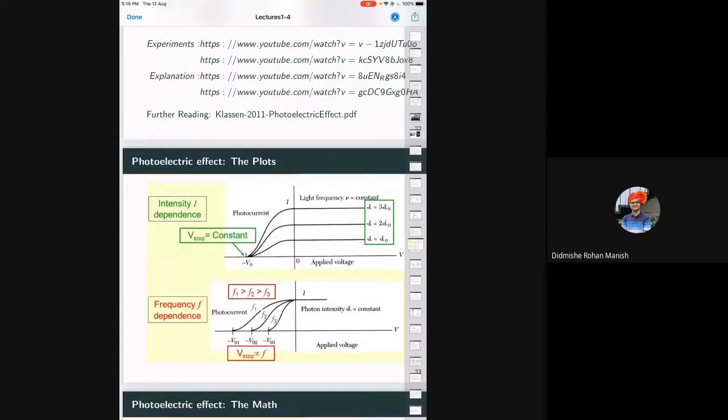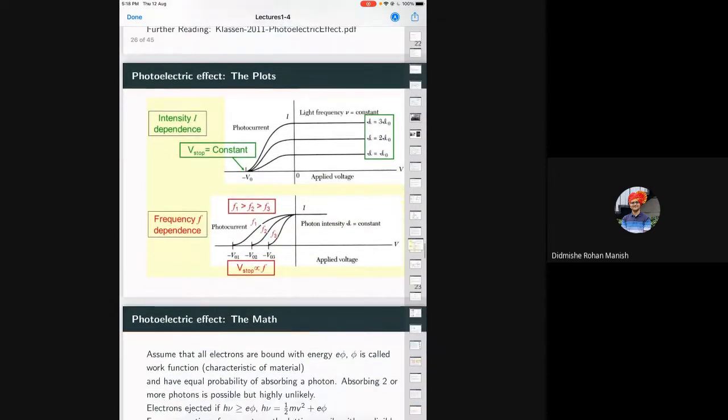Okay. So the detailed observations of the photoelectric effect, which were actually what you wanted to explain, are the following. So there were two studies. One is where you change the intensity of the light.